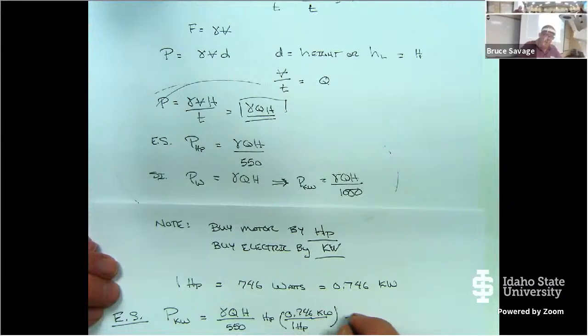If I do that, this whole equation goes to gamma QH divided by 737.